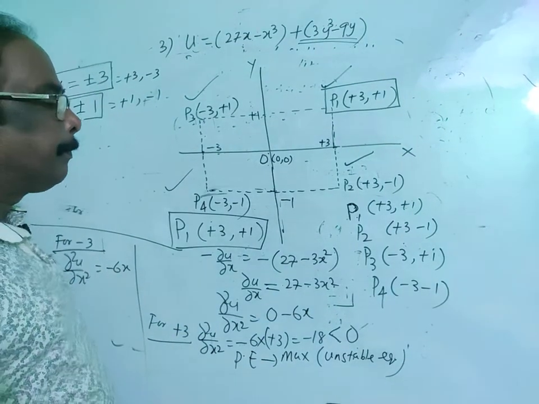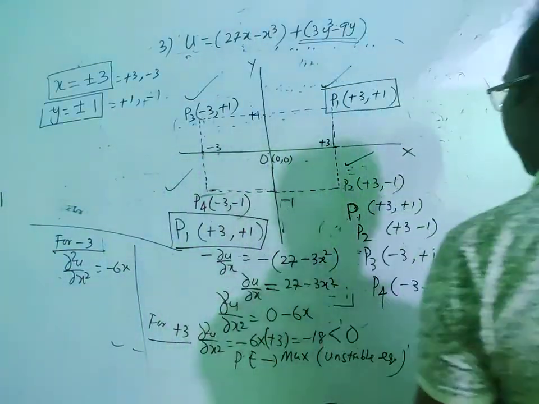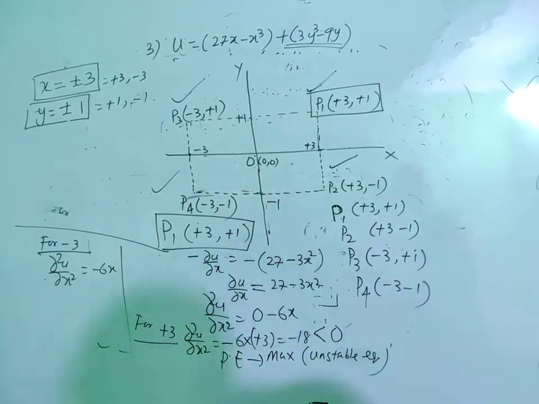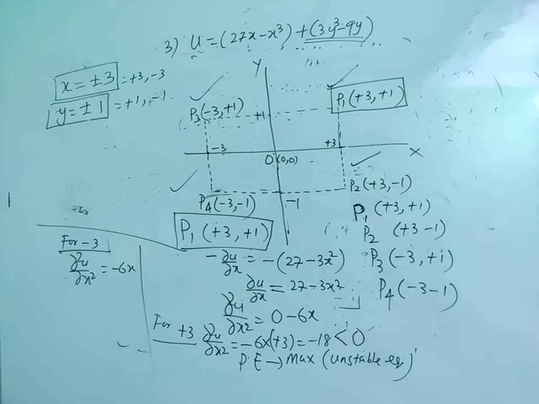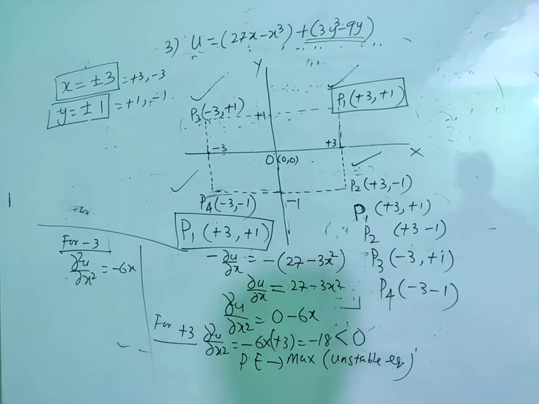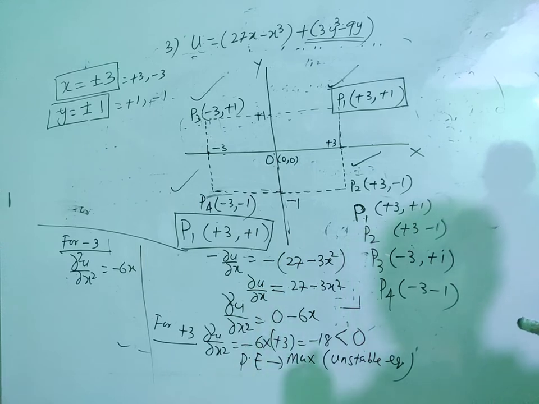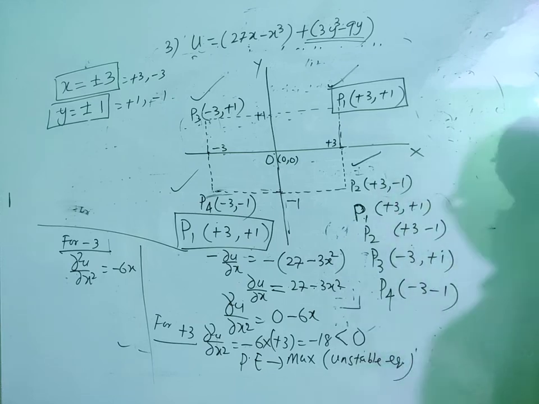So x is plus 3 at point P1, and at point P2 the value of x is also plus 3. For plus 3, we have calculated that potential energy is maximum because minus 18 is less than 0. Then we have to take y.